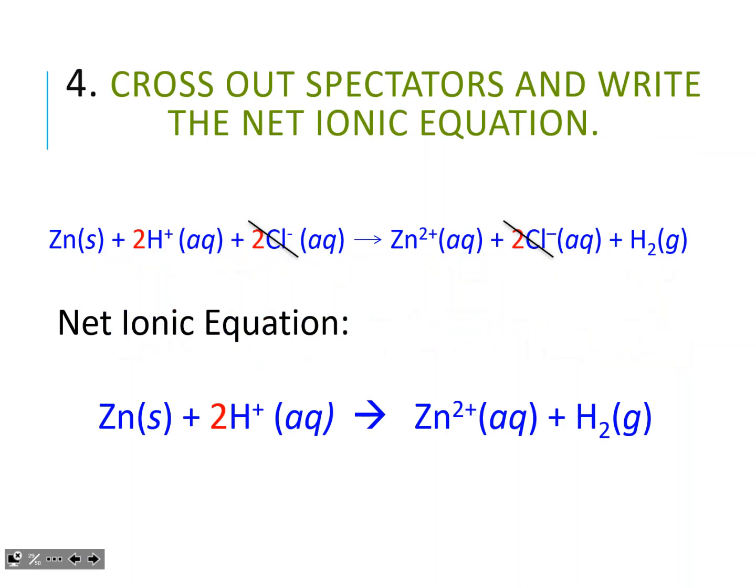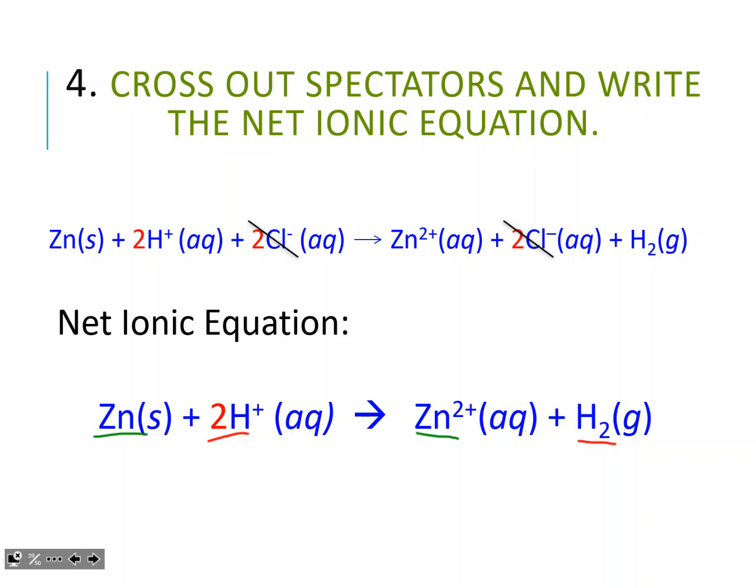Now, just as a double checking measure, you should go through and check to make sure that the atoms are equal and the charge is equal, because redox is all about the charge, the oxidation numbers. So over here we have 1 zinc, we have 1 zinc, we have 2 hydrogens, we have 2 hydrogens. Atoms are balanced.